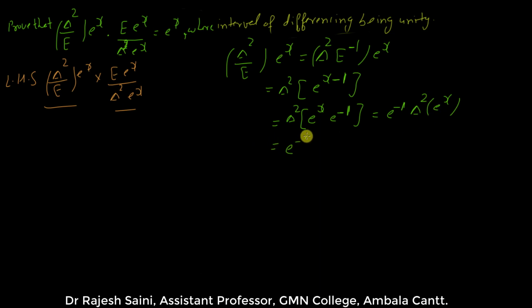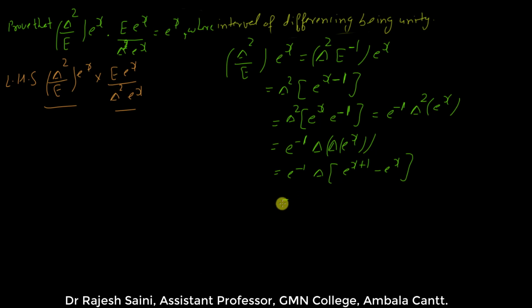So we know how to deal with e raised to the power x and delta square. So this will be e^(-1) delta of delta e^x. This will be e^(x+1) minus e^x, using the definition of delta: in place of x, I write x plus h, which is x plus 1, because the interval of differencing is unity.